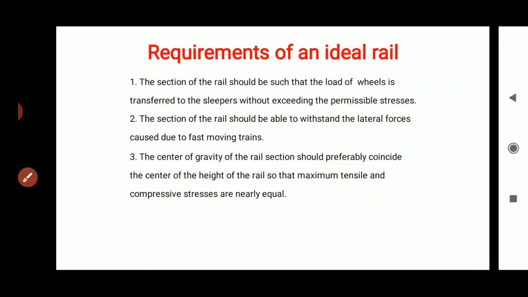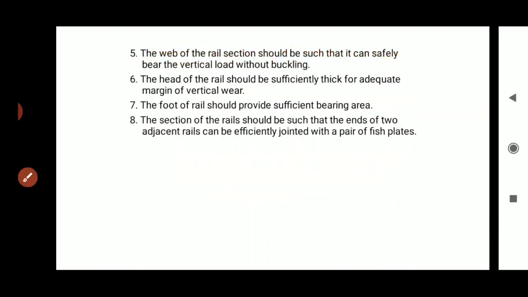Then the next requirement is the web of the rail section should be such that it can safely bear the vertical load without buckling. That means the web of rails should be sufficiently thick to bear the load coming on it and should provide adequate flexural rigidity.